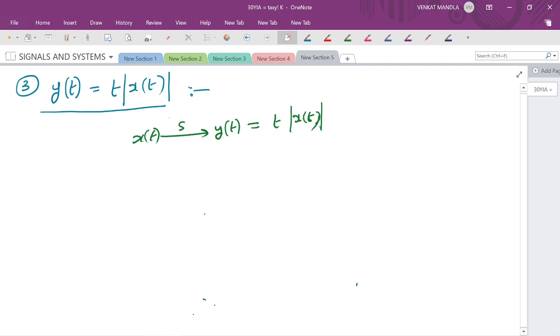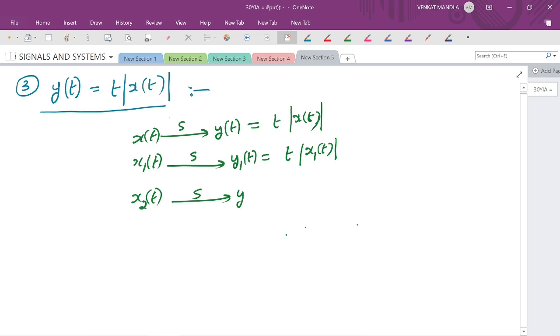I will give x1(t) as the input to the system. Say y1(t) equal to, from the above relation, t mod x1(t). If x2(t) is the input, then y2(t) equal to t mod x2(t).